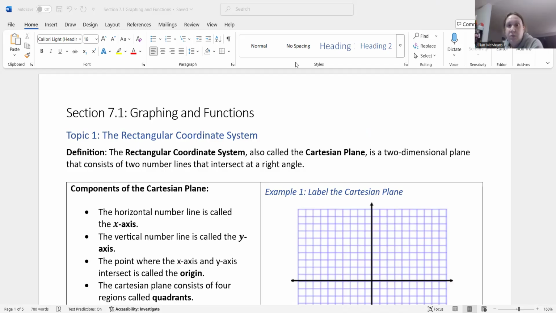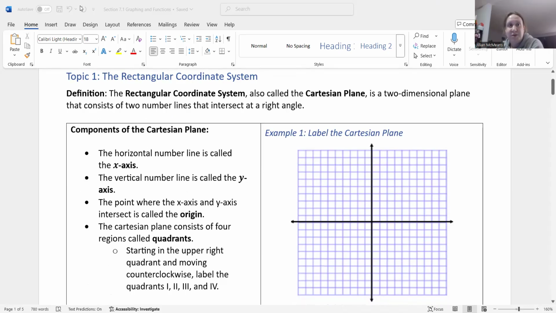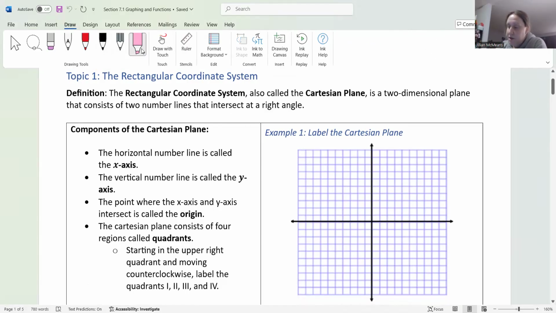Now, at this point, you should know that I like to start things out with a nice definition. So for this worksheet, our first definition is that of the rectangular coordinate system, also called the Cartesian plane, and I typically call it the Cartesian plane, okay?